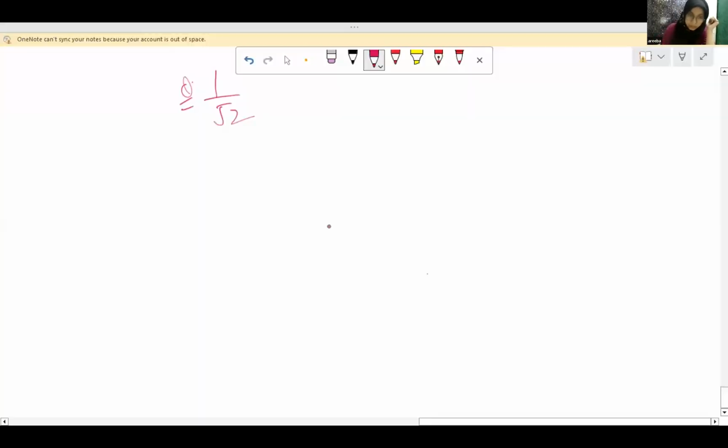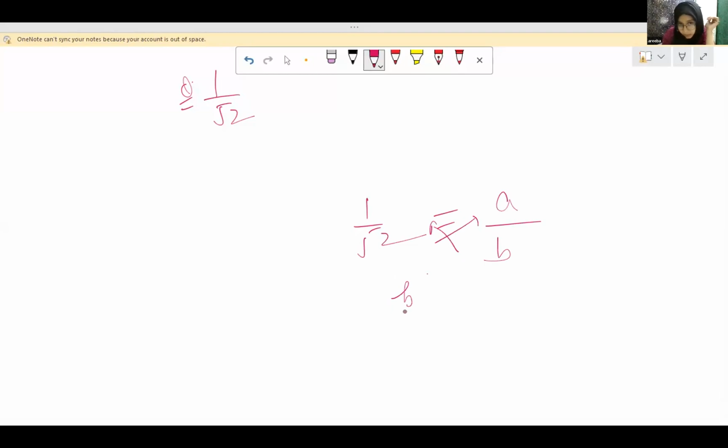Hello, Ifra, are you there? Yes, ma'am. I'm showing, just a second. See, Rumaisa, see, Afreen. This is what I'm saying. 1 by root 2 equals a by b. Simply cross multiplying, b is equal to root 2 by a.